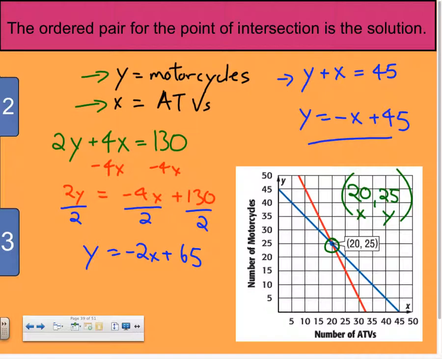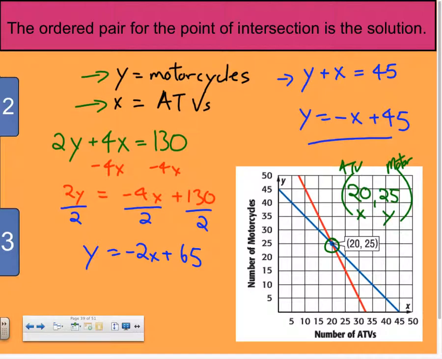So the x coordinate of 20 means that I had 20 ATVs, and the y coordinate of 25 means I had 25 motorcycles. So the solution to this system is (20, 25), which means Gregory Motorsports had 20 ATVs and 25 motorcycles.